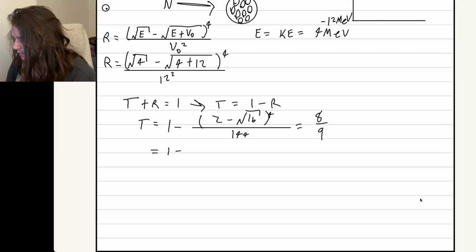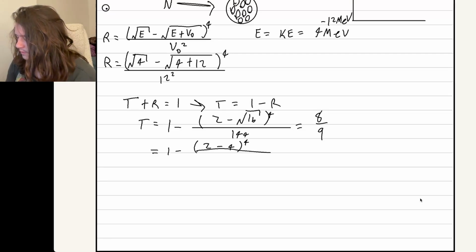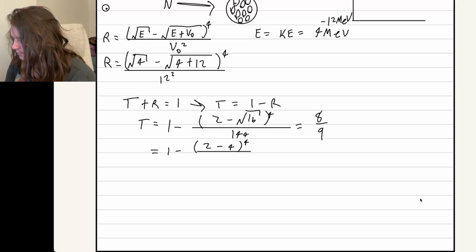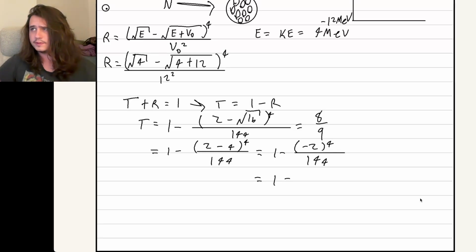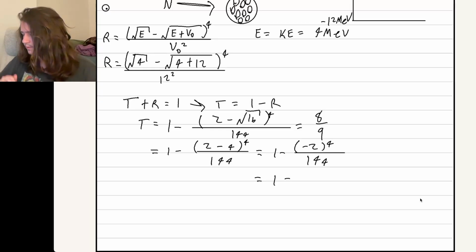I kind of want to do the arithmetic now. The root of 16 is just 4. So we have that over 144, and that's 1 minus negative 2 to the fourth over 144, which is 1 minus 16 over 144.